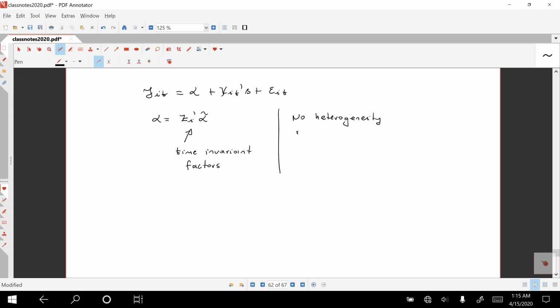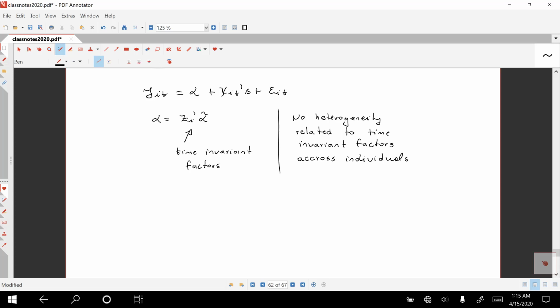So there is no heterogeneity related to time invariant factors across individuals. That's the underlying assumption here.